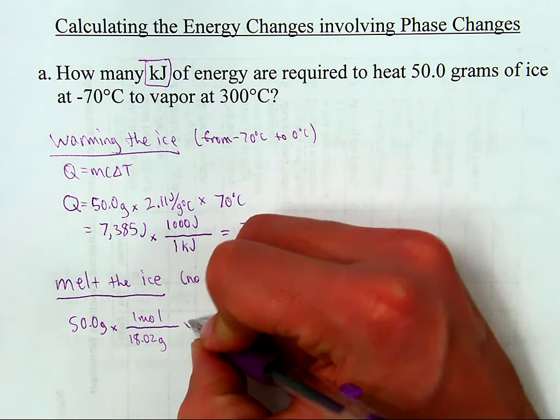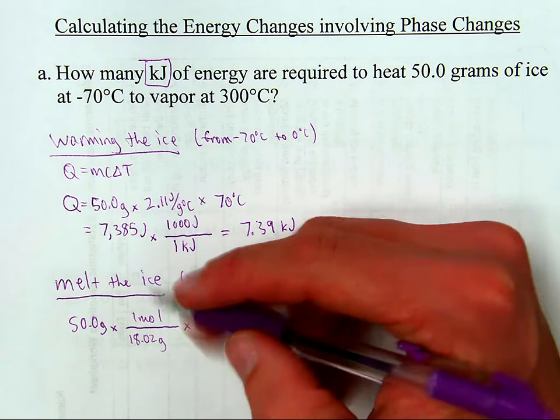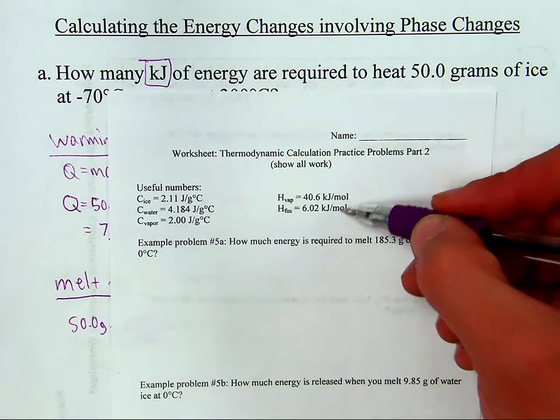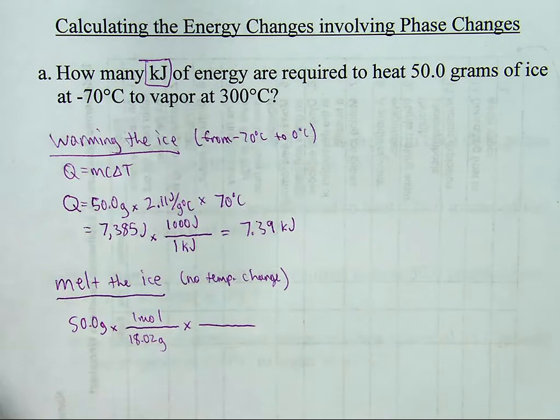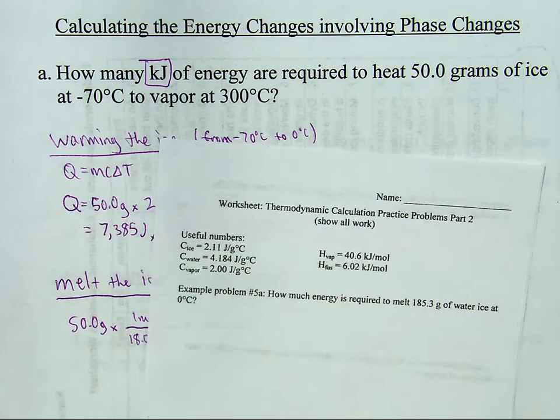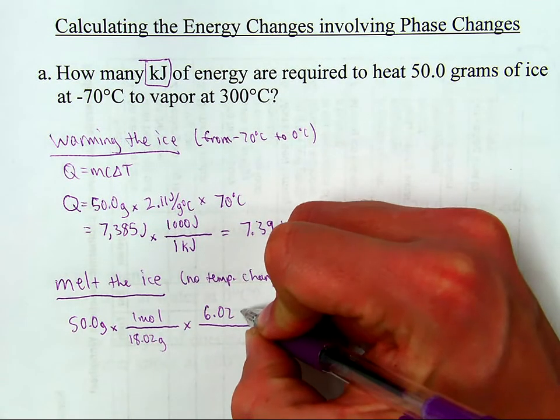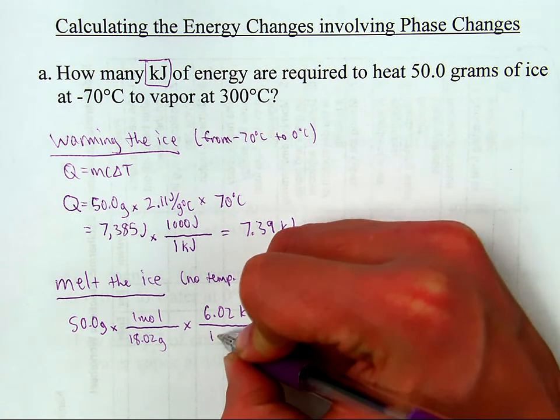Anyway, okay, convert grams to moles, and then use this, which again is given on your exam. It'll look like this right here. Because you're melting ice, you use this number, the heat of fusion: 6.02 kilojoules per mole of ice.